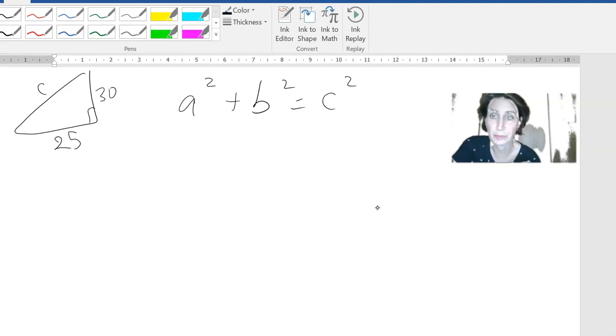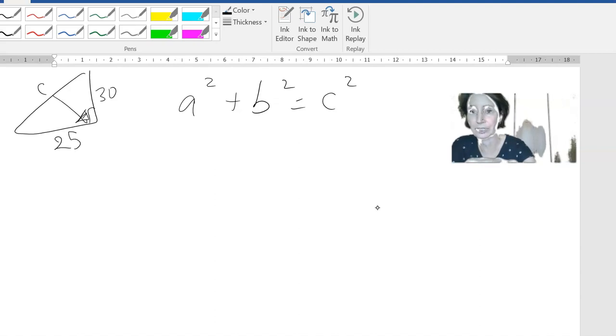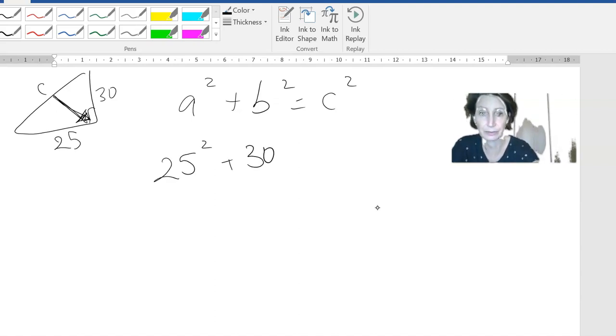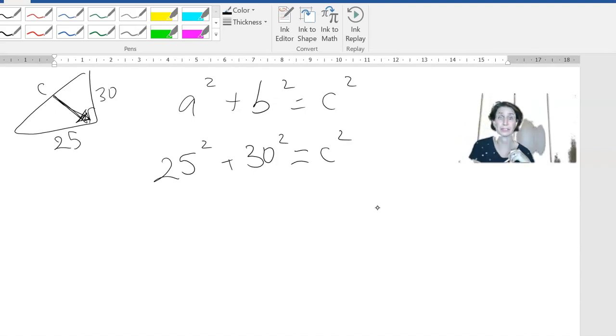Which one is the hypotenuse? In this case, C, our unknown, is the hypotenuse because it's the longest side and it's also directly opposite the right angle. So I can substitute the other 2 numbers in there for A and B. So I've got 25 squared plus 30 squared is C squared.